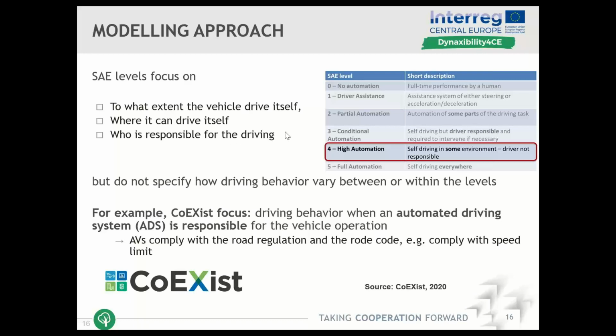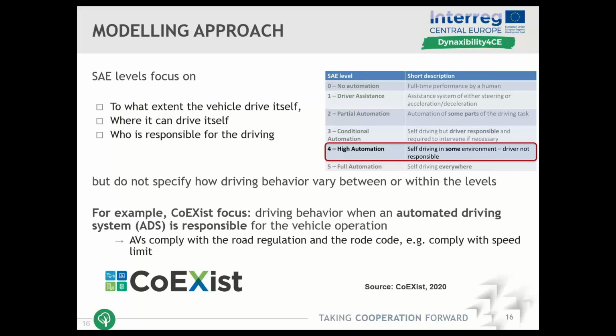So going back to this modeling approach in Coexist, which is building up into this scenario analysis. Our first questions back then in the Coexist project a few years ago were around how to analyze and how to model specific behaviors of automated mobility. And there you can think about the SAE levels as an initial description of the type of automation that we might look at.